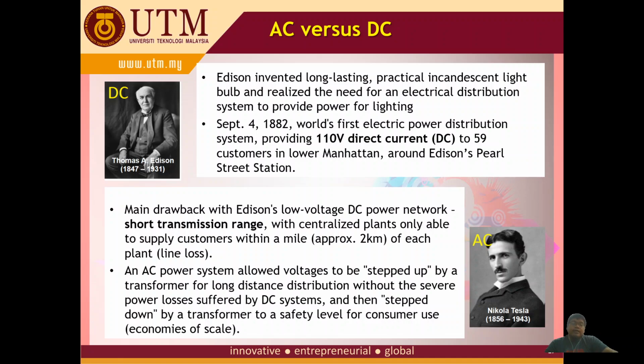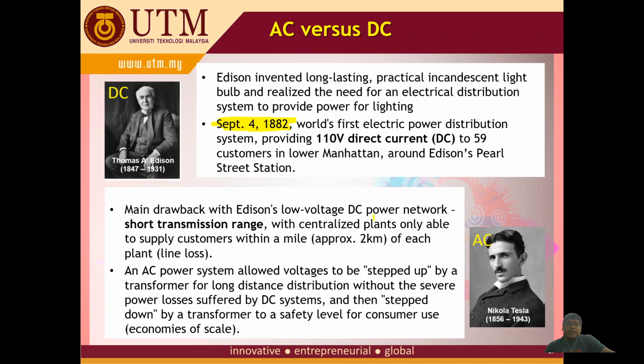It's around 1882, 100 years back. The world's first electric power distribution system provided 110 volt direct current, which is a DC system, to 59 customers in Lower Manhattan around the Edison Pearl Street Station. This is a little bit about the history.